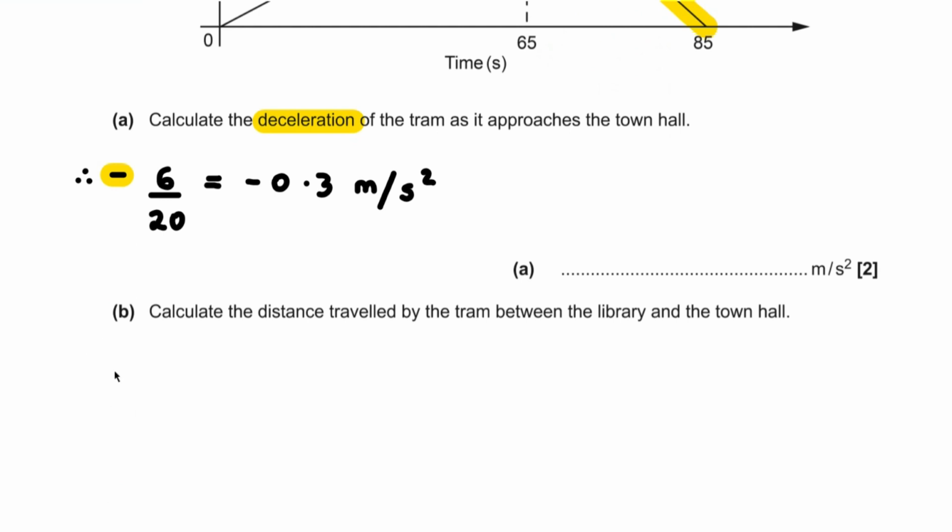So the area of the triangle is 1/2 times 85 multiplied by the height of 6. So I've got 85 times 3, which is 255. So I've got 255 meters.